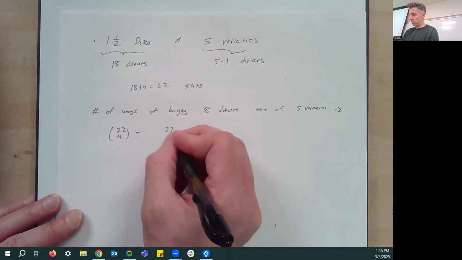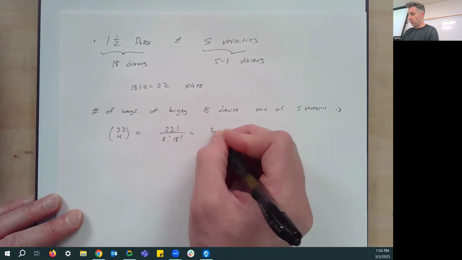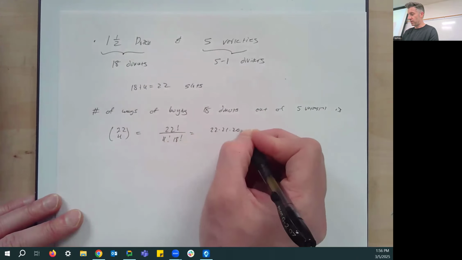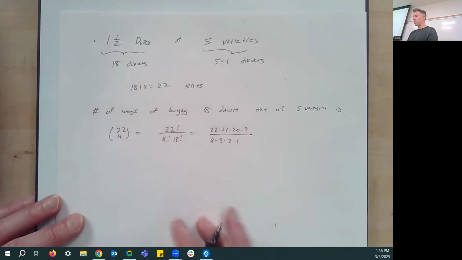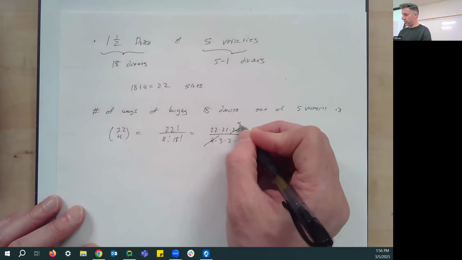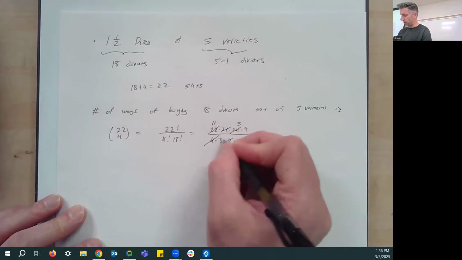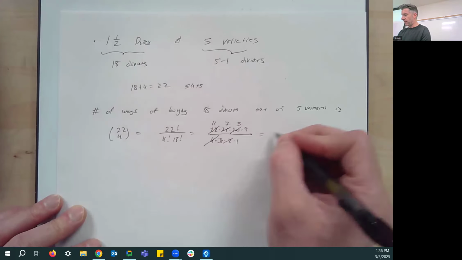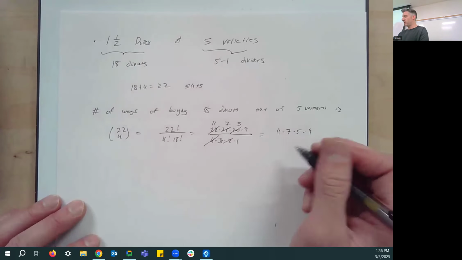It's 22 factorial over 4 factorial times 18 factorial, which is just 22 times 21 times 20 times 19 over 4 times 3 times 2 times 1. When you do this, I just like to cancel stuff. So 20 over 4 is 5. 22 over 2 is 11. 21 over 3 is 7. So you really have 11 times 7 times 5 times 19. Whatever that is. We don't need to do that.